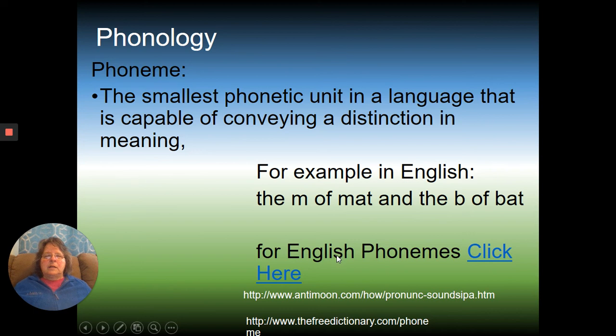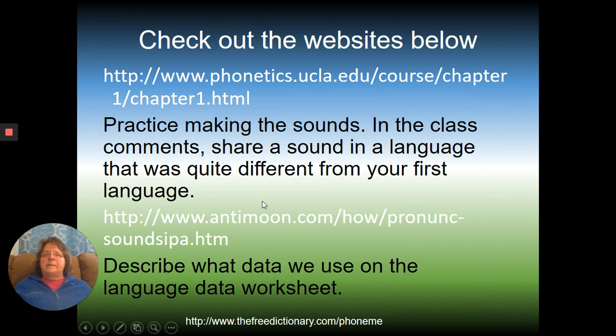In the English alphabet there are 26 letters, but there are well over 26 phonemes, or sounds, in the English language that can change the meaning of words. So you can check out these websites, and I'll provide a link for those in your lesson today.